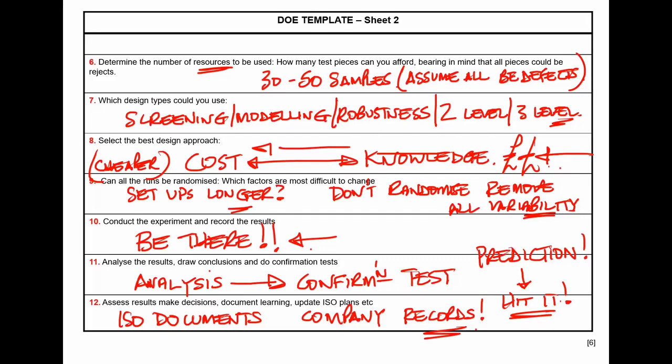If you do a proper designed experiment and you document it properly and you keep the records, you will always know how that process works, and the engineer can walk and find a new job anytime he likes, and you don't care because you've got company knowledge about how your processes work.